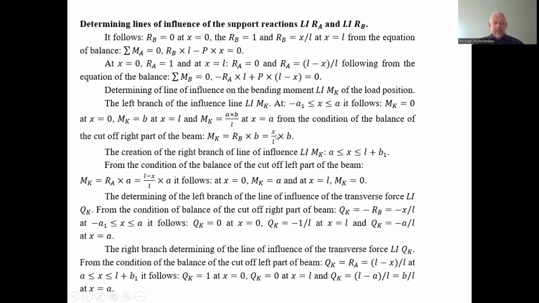We use the previously obtained dependence of the magnitude of R_B, the support reaction at the point B, on the location of the point of application of the force.